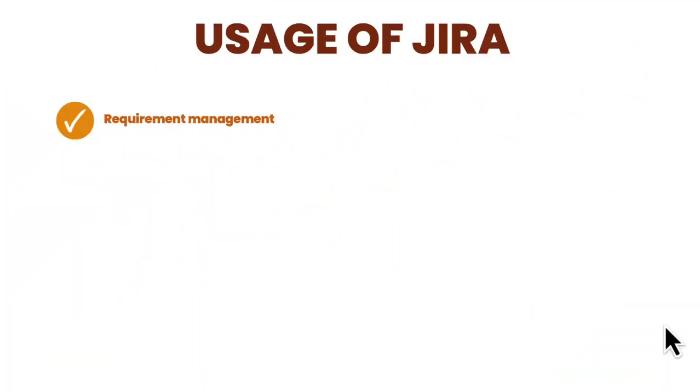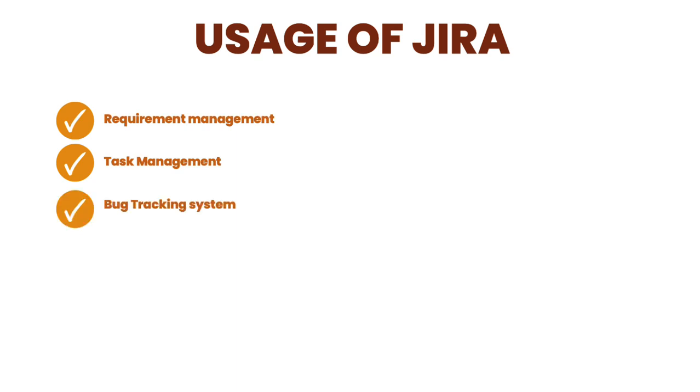Requirement management. Jira facilitates the tracking of project requirements, ensuring alignment with business objectives and stakeholder needs. Task management. It enables the creation, assignment, and tracking of tasks from creation to end. Bug tracking system. Jira offers robust bug tracking to identify, prioritize, and resolve issues effectively.